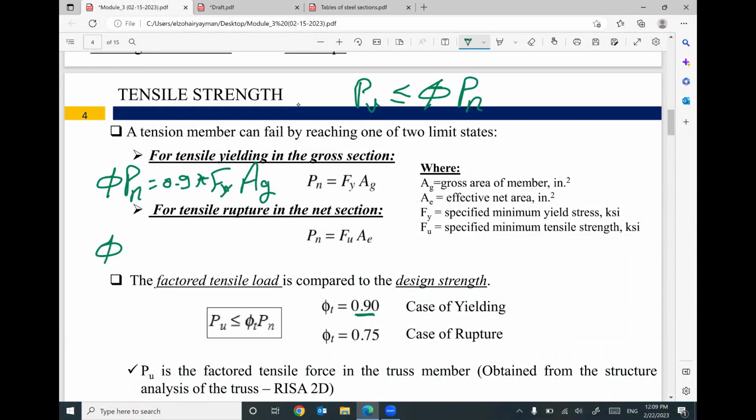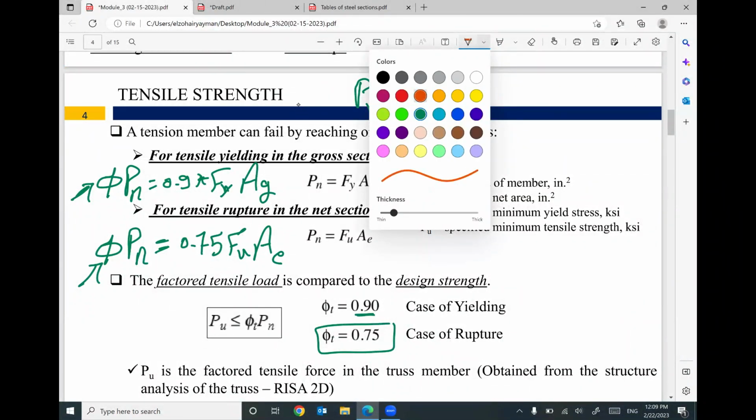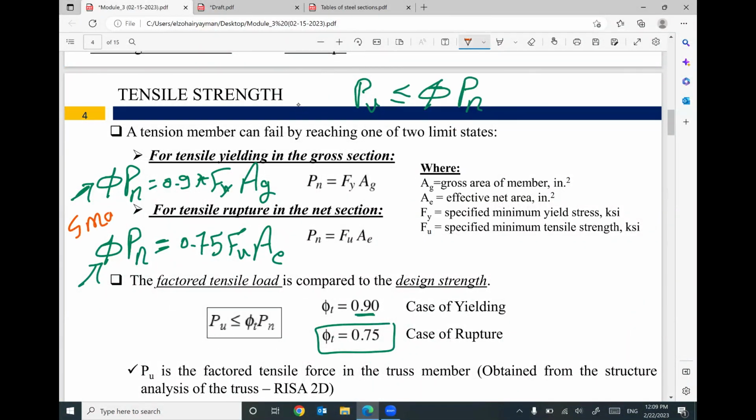Or we have another value for the tensile strength, phi Pn equals 0.75 F ultimate times area effective. Which one am I going to use? We are going to use the smallest value. The smallest one will satisfy both criteria, or the two modes of failure.